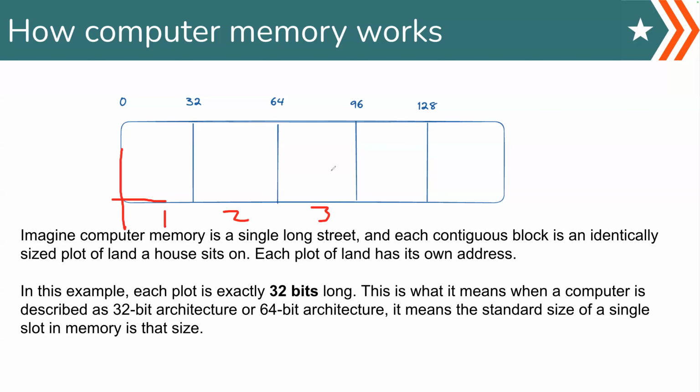Then I can find this location relative to that address. That's why it's really important that memory is organized in a consistent way, where each unit is the same size. That's what you'll hear when we talk about a 32-bit architecture. It's the standard size of a single slot in memory for the whole computer.